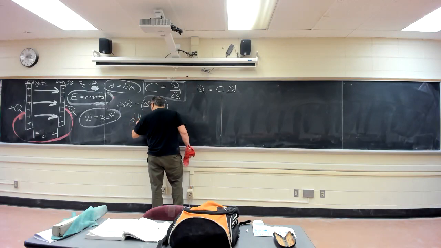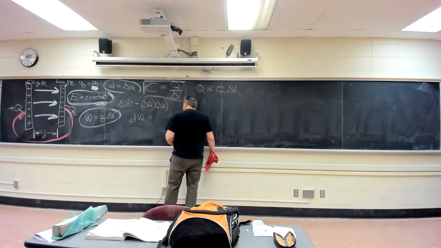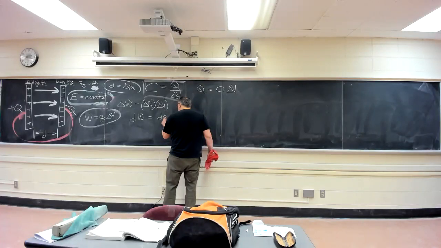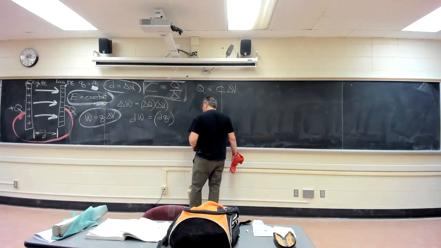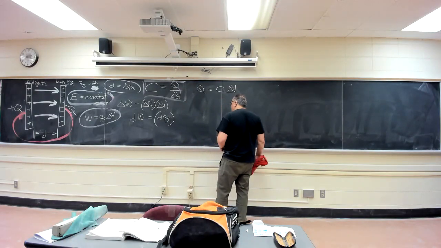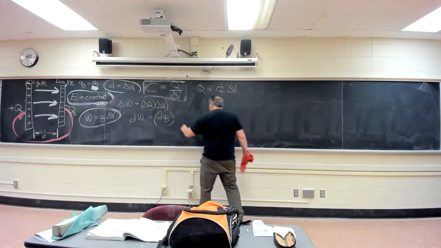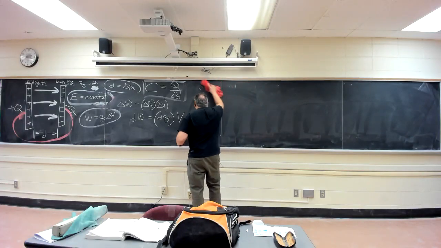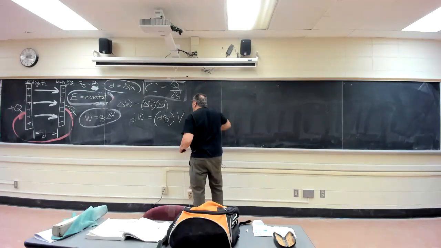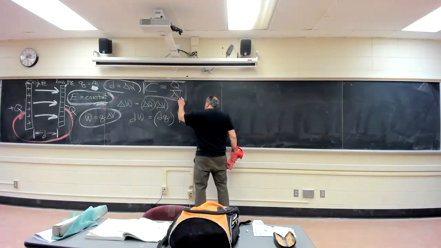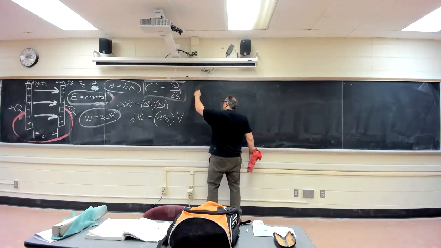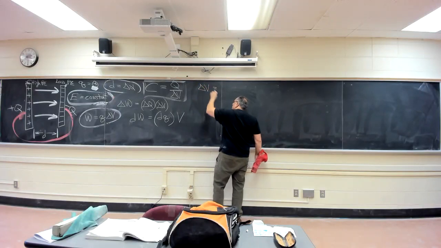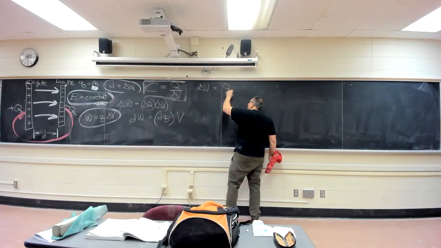There's a differential amount of work you got to do to move a differential. To do a small amount of work, you got to move a small amount of charge over a particular voltage. So, this is true what I just said, but let's take it further. Multiply by delta V on each side, and then divide by C.